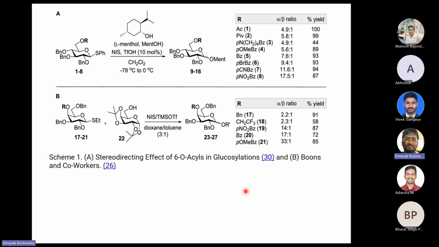Yes, they start from there itself, mentioning that since the Boons group has got contradictory results, to check that they have published this paper on galactose.